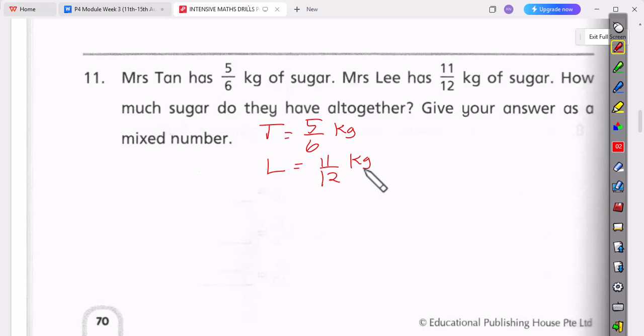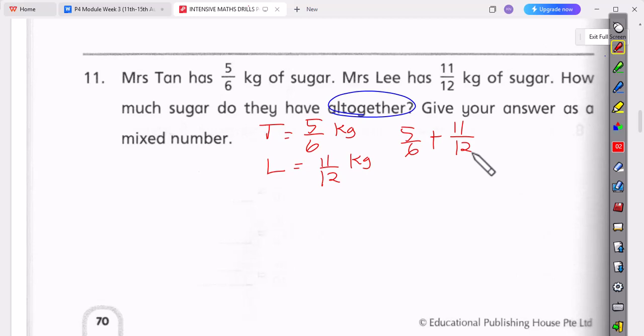The question is asking how much sugar they have altogether. The word altogether represents addition. It means we just need to add 5 out of 6 plus 11 out of 12.